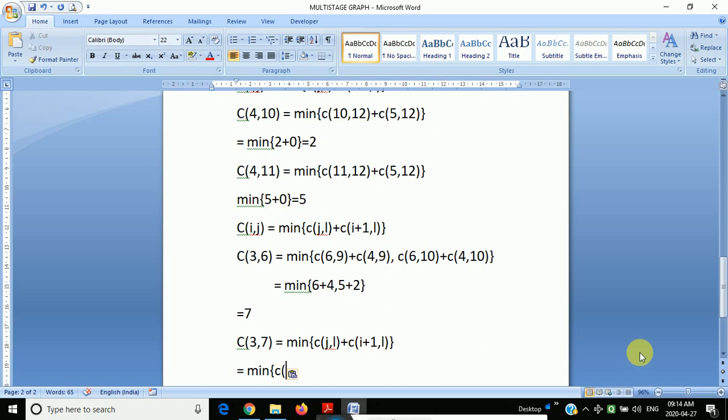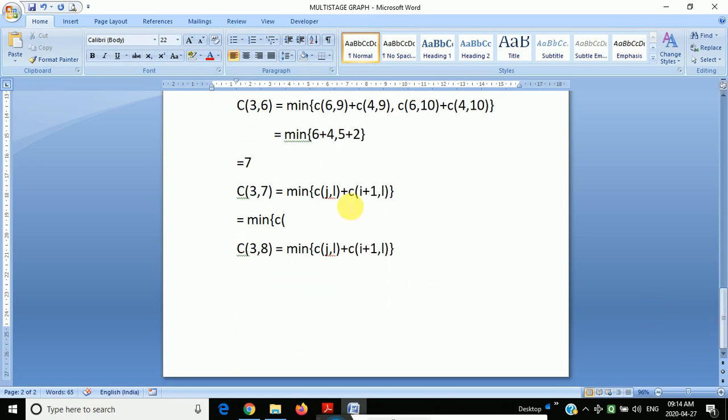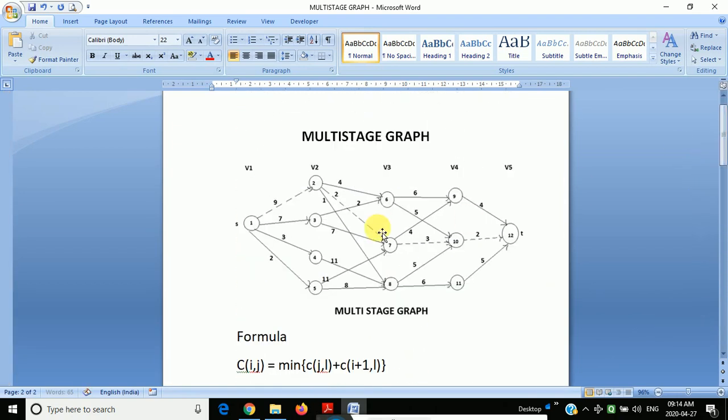J means 7, comma, what are the out degrees of j? Just check there. 7 comma 9 is there, 9 out degree is there, 10 out degree is there. It is not connected with 12, so 9 and 10.